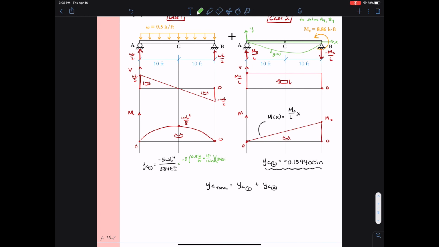The length is still the length of the entire beam, which is 20 feet or 240 inches. Raise that to the 4th power, divided by 384 times 29,000 KSI times 82.8 inches to the 4th. So running those numbers through our calculator, we get the deflection due to case 1 at point C was minus 0.749625 inches.